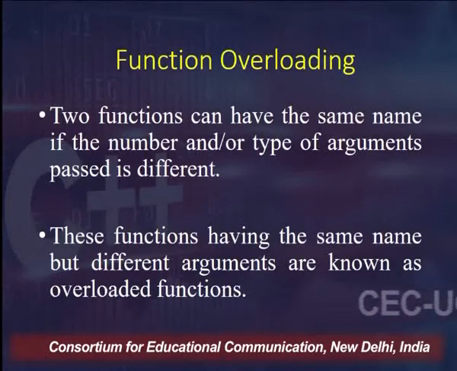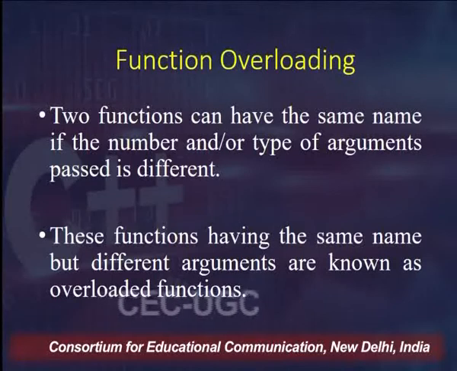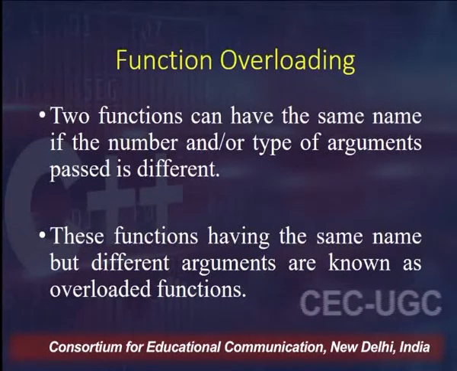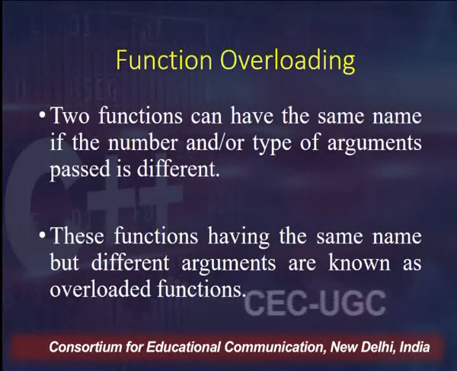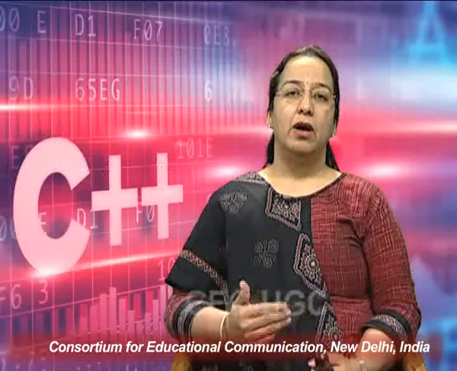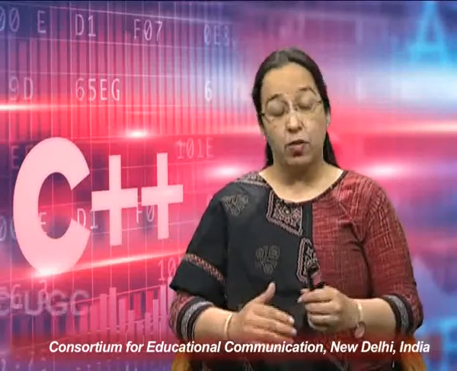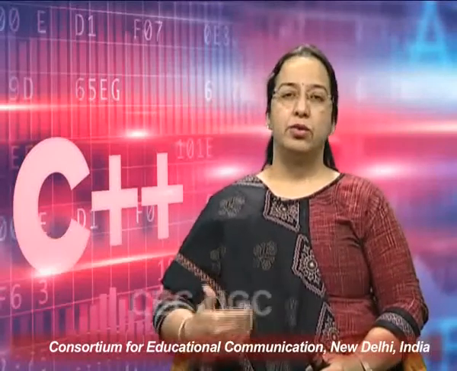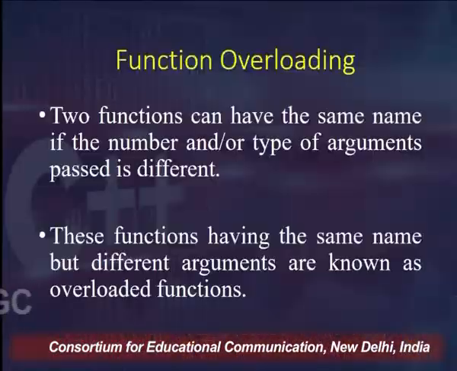As I have told you with the help of the initial figure, there are two types of overloading: function overloading and operator overloading. Presently we are focusing on function overloading only. So now what is function overloading? Function overloading is something through which we can achieve compile time polymorphism. This is an established fact. Now what actually happens in function overloading, we will see. Here two functions can have the same name.